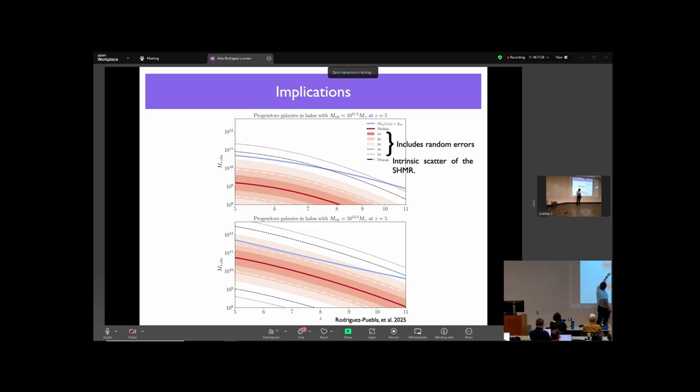Now, these dot-dashed white lines that I'm showing here are the intrinsic scatter around the stellar to halo mass relation. So essentially, these will be the tracks of all the galaxies that will evolve to those masses.